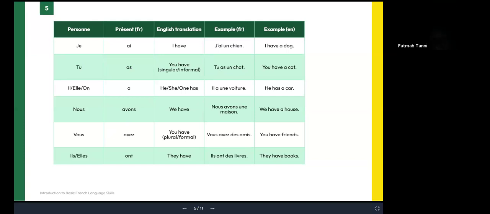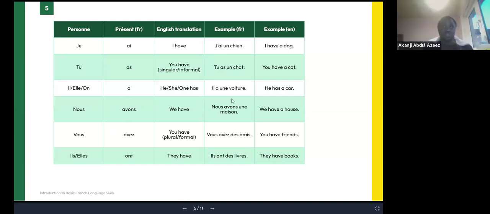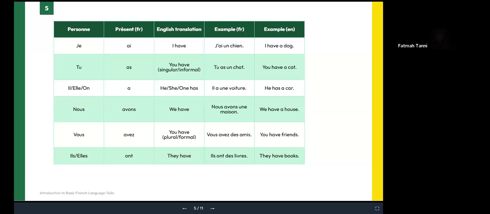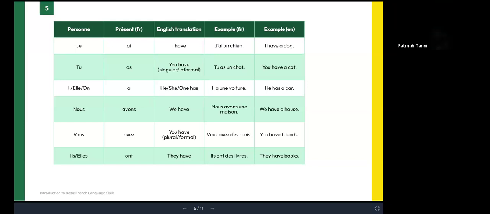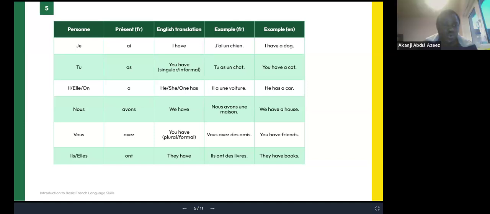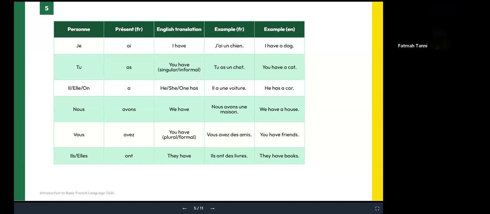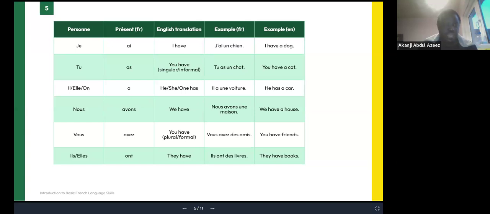So if you want to say you have a dog, tu as un chien. If you want to say you have a pen, tu as un stylo. What about book?